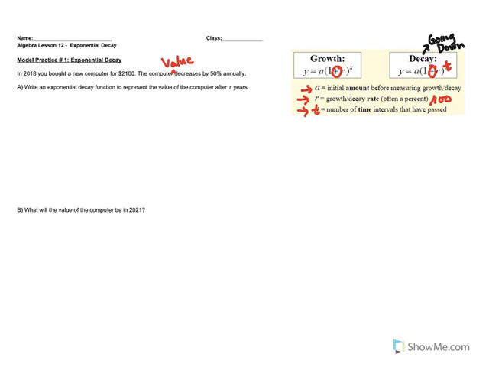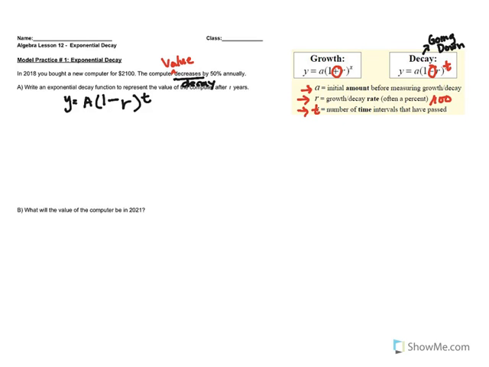So the first question says write an exponential decay function to represent the value of the computer after t years. So I know that my final function should look something like y equals a parentheses 1 minus, since I know that the computer is decreasing, so this is decay, 1 minus r to the t power, or to the x, whichever variable you want to use.